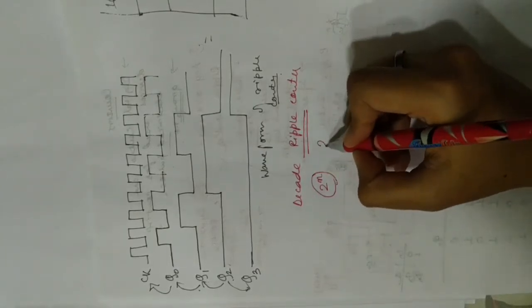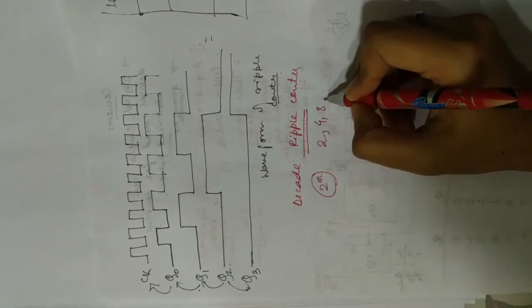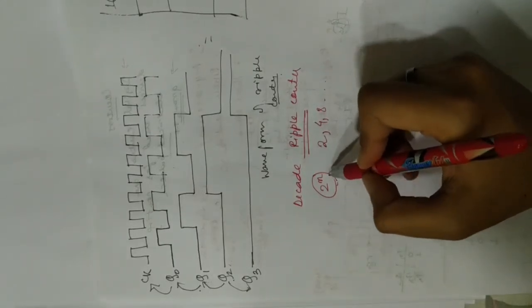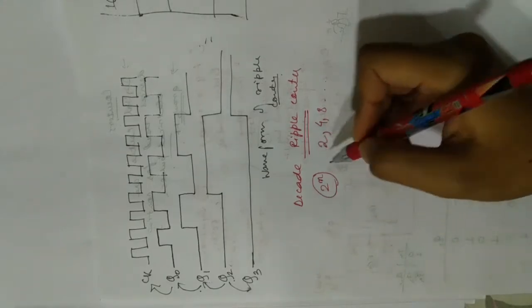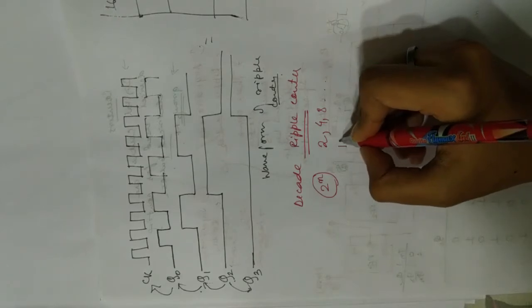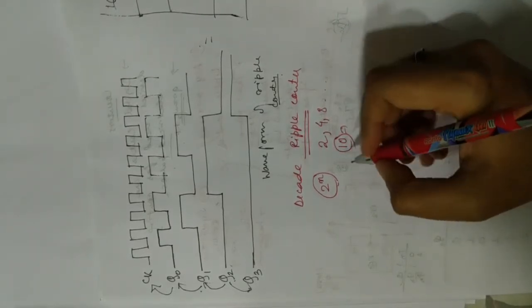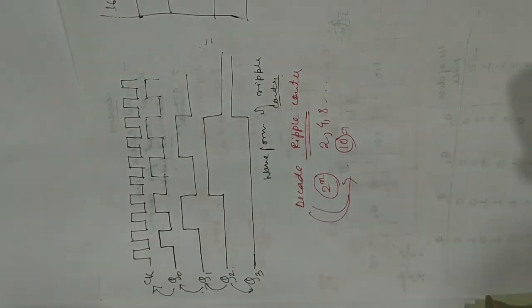So all we can construct is either a mod 2 or a 4 or an 8, etc. But if we want to construct a modulus which is not 2 to the power n, which cannot be obtained from 2 to the power n, say if we want to make a mod 10 counter, how to make that? So decade ripple counter is nothing but a mod 10 counter.